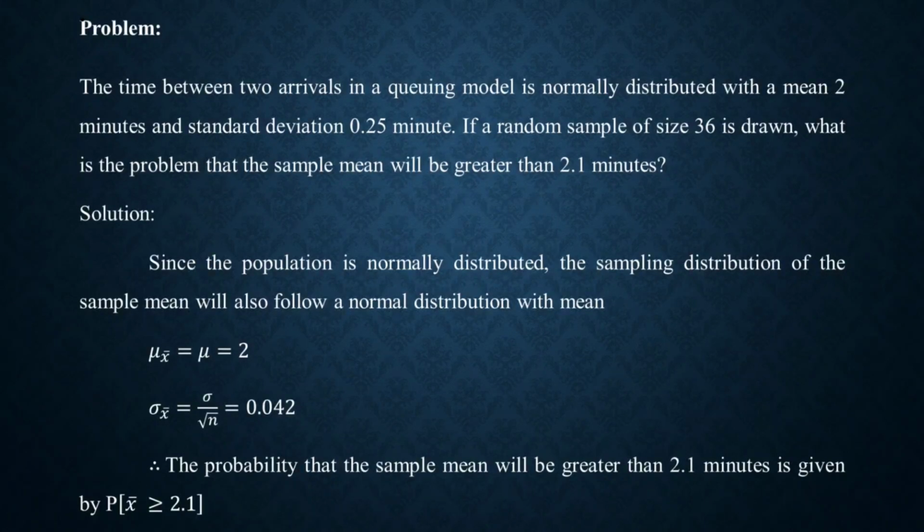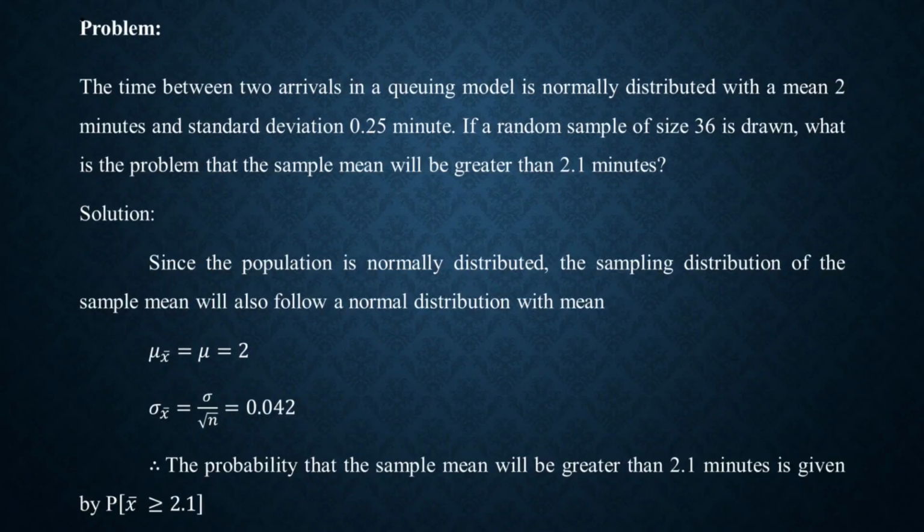In the problem, it is given that the population is normally distributed. So the sampling distribution of sample mean will follow a normal distribution whose mean is represented by mu x bar, which is mu equal to 2, and the standard deviation is sigma x bar, which is equal to sigma by root n, which is 0.042.